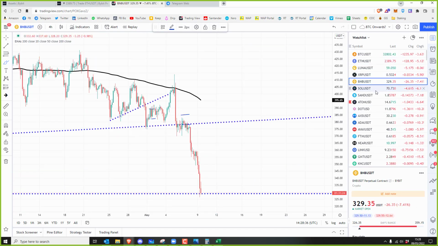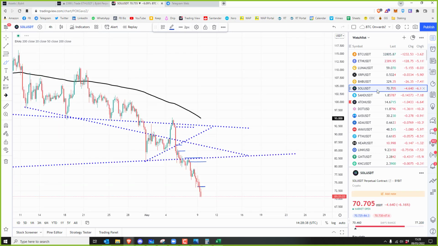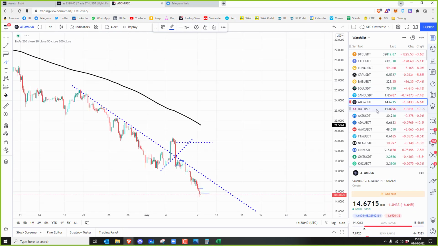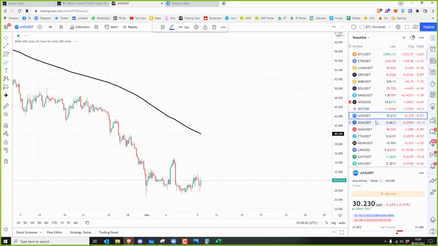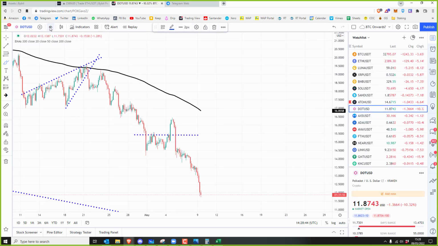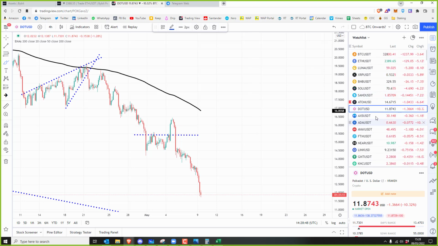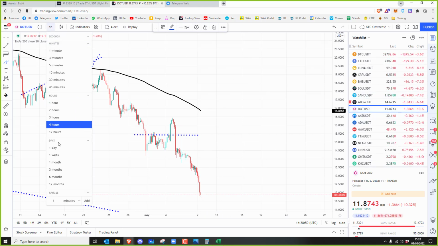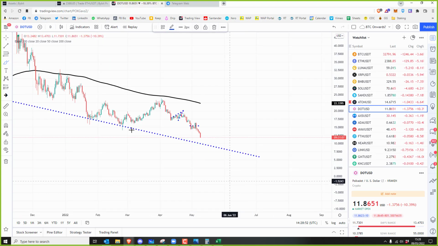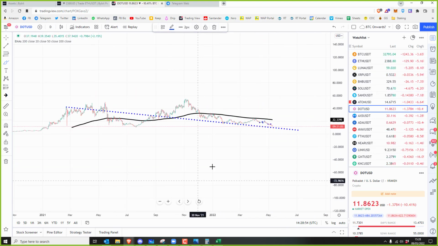Ripple we've done. Binance just looks horrendous at the moment, but it's already fallen quite far. Atom is one of my favorites. No. I am not worried about DOT. I think it's pretty much resting on a big support level, almost. So when you zoom out of DOT, look at this.